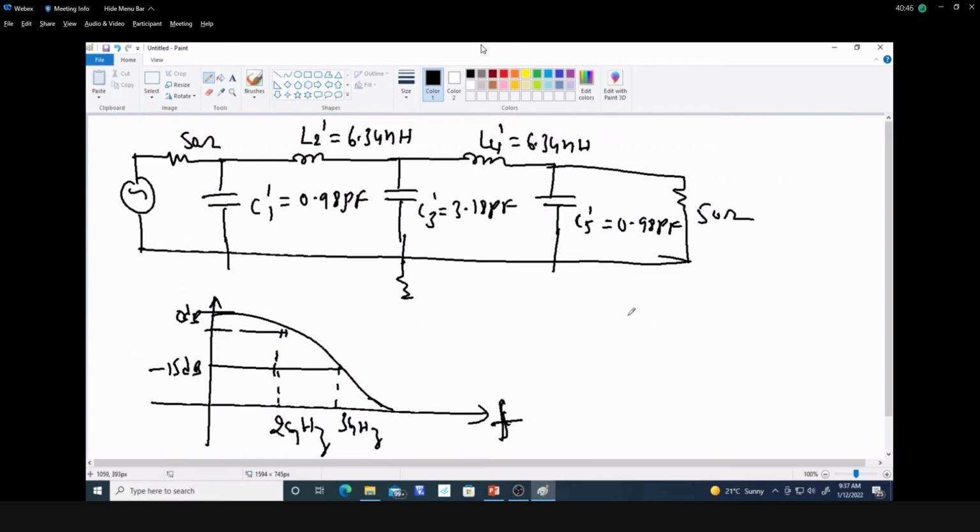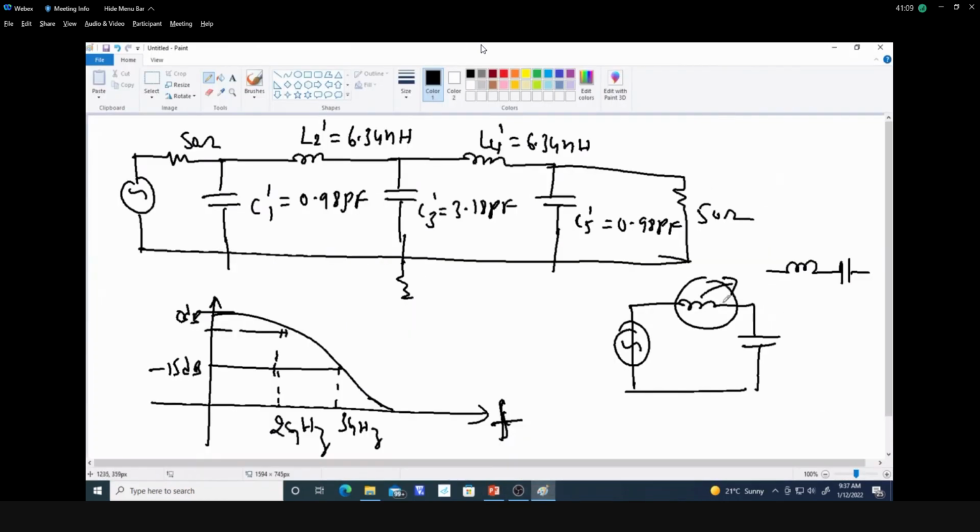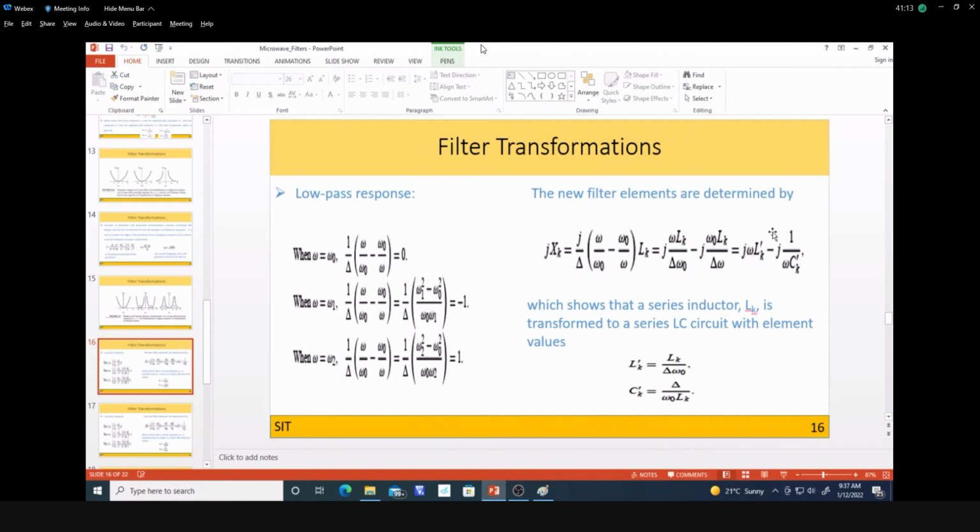So we can convert this series L into a series LC like this. Then for the shunt capacitor, similarly, the first one we are converting is the series inductor to a series LC circuit. That series LC circuit will again have new values of L and C.